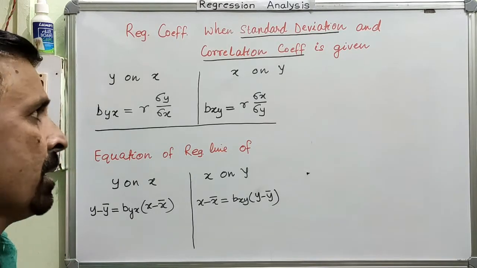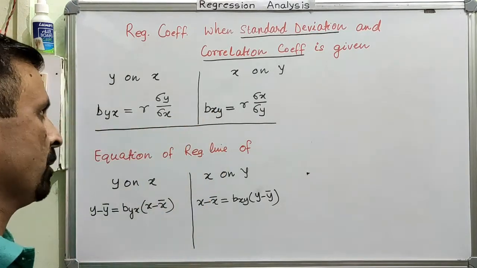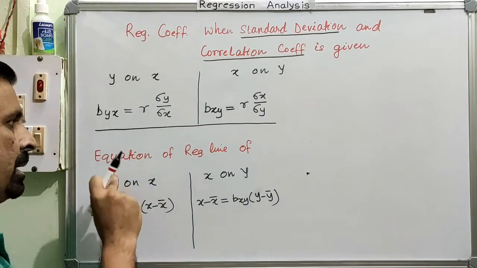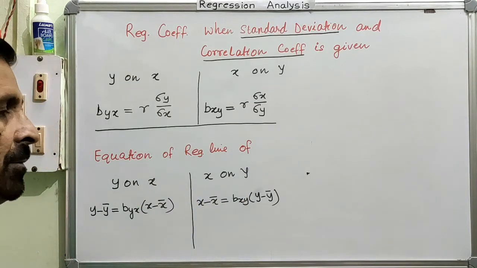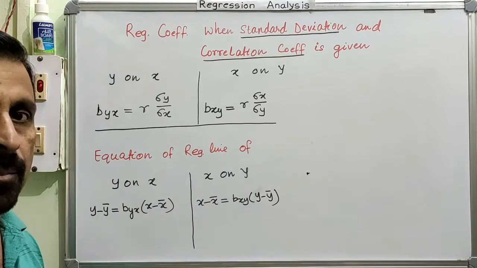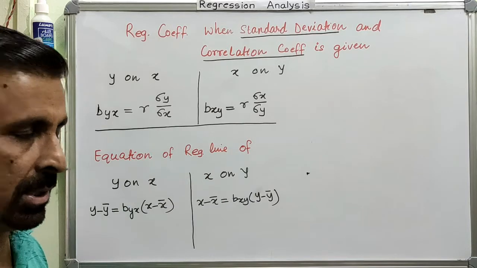So in type 3, we will be asked to calculate the regression coefficient, and along with this regression coefficient, in most questions we will also be asked to calculate the regression line, the equation of the regression line of y on x or x on y. We may be asked to write down one equation, or sometimes both equations.